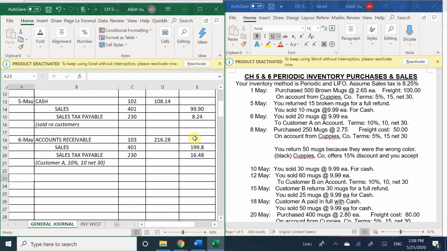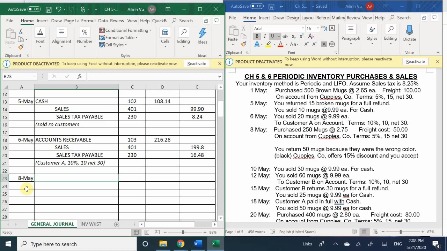So, what comes next? May 8th. Purchase 20 mugs at $2.75 with a freight of $50 on account, with terms 5% net 15 at 30. All right.